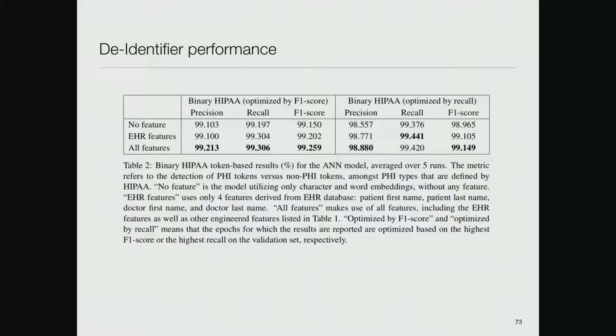And this did insanely well. So optimized by F1 score, we're up at precision of 99.2%, recall of 99.3%. Optimized by recall, we're up at about 98%, 99% for each of them. So this is doing quite well.